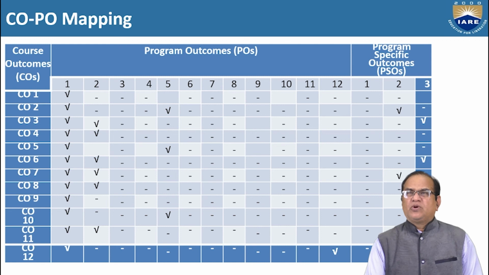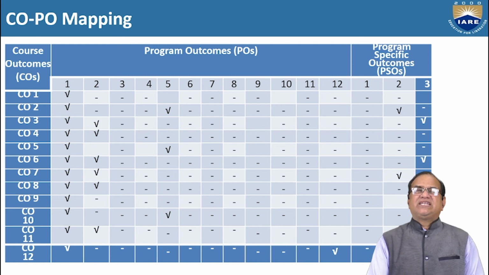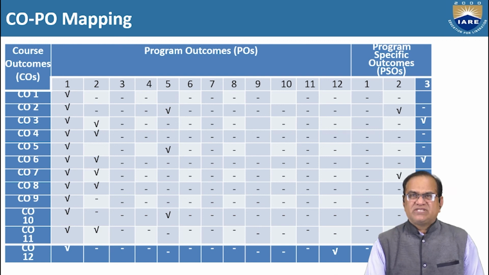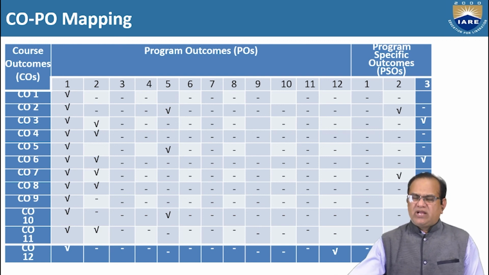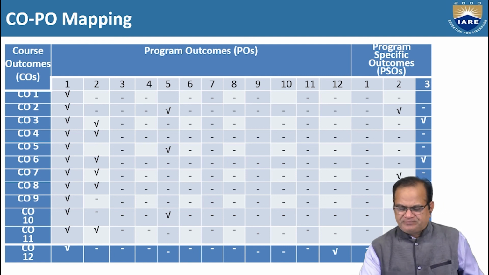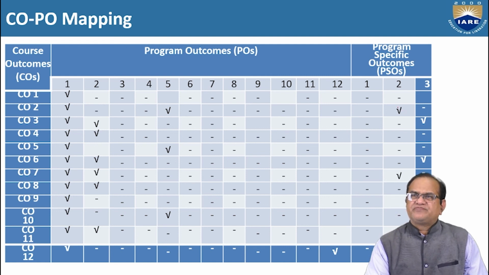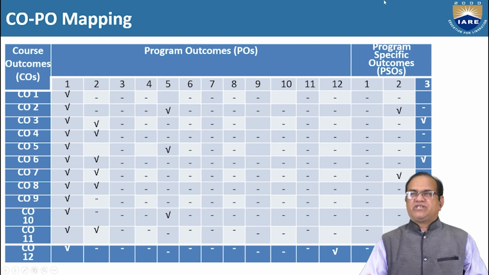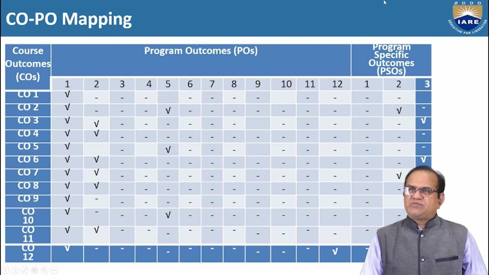Then we have to map this CO and PO. POs are there up to 12, and you can see that PO1 is there in all, PO2 is there for some of them, PO5 is there, and here some PSOs are also there. These PSOs are made for a specific objective, that is program specific outcomes, and these are prepared by the department itself.